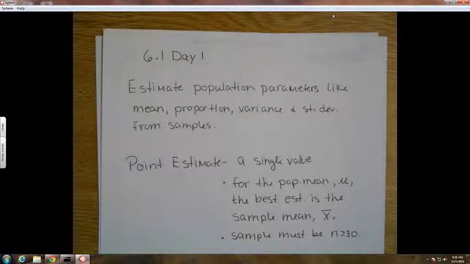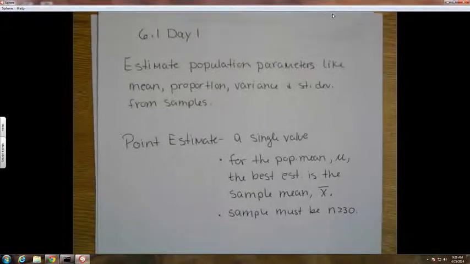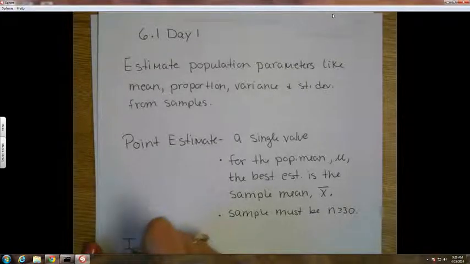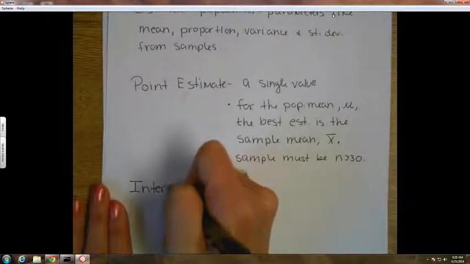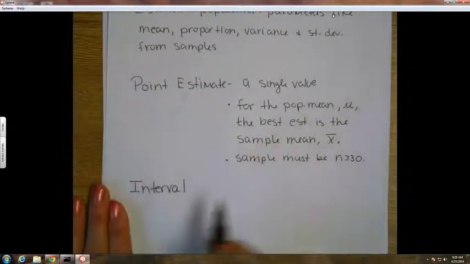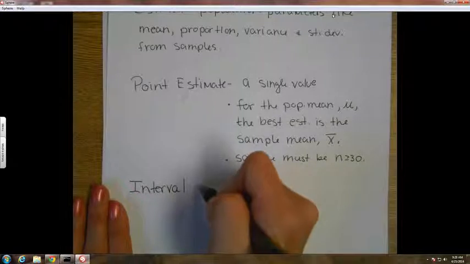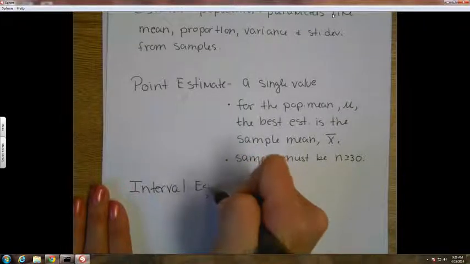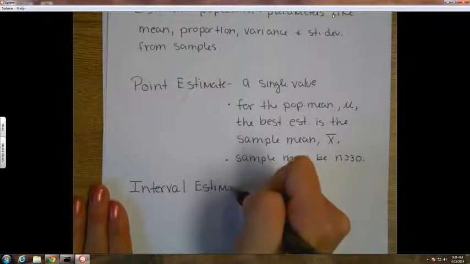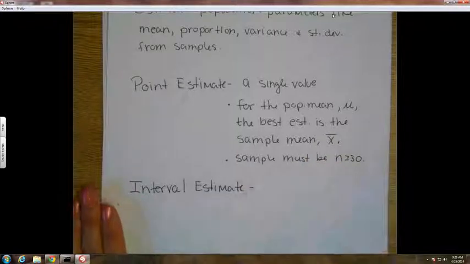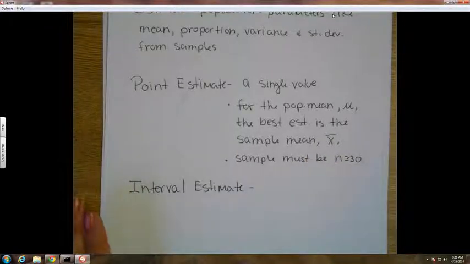So, what we move into is called an interval estimate. So this whole chapter is going to be about interval estimates. So what we're going to do is give a small range of values that I think the population is going to fall in between. Then I've increased my chances of actually getting the right value.